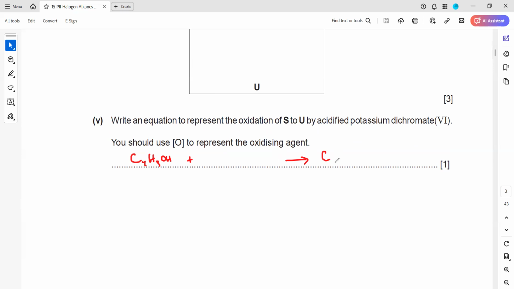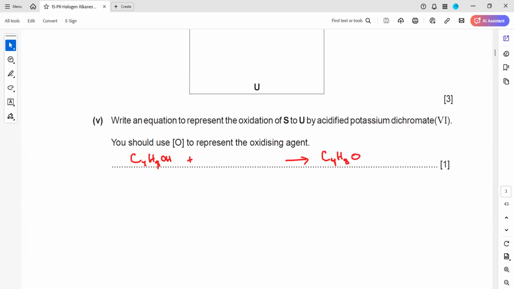So it will become: oxidation is there. I can write it in terms of the formula, C4H9OH, or I can also represent it in this manner: 1, 2, 3, 4. And how many hydrogens will it have? Because it's an oxidation, C4H8O.